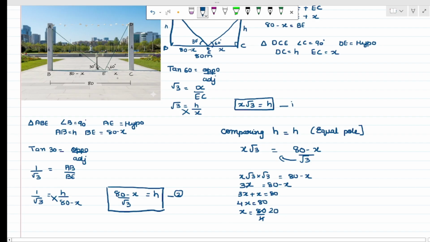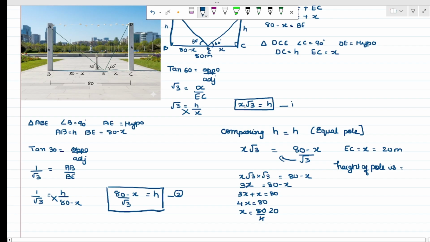That means the distance EC will be equal to 20 meters. Next thing is, you got your value of x as 20. Now the thing was, you need to find out the height. So the height of the pole is, you can either substitute the value of x in this equation, or you can go for this equation.